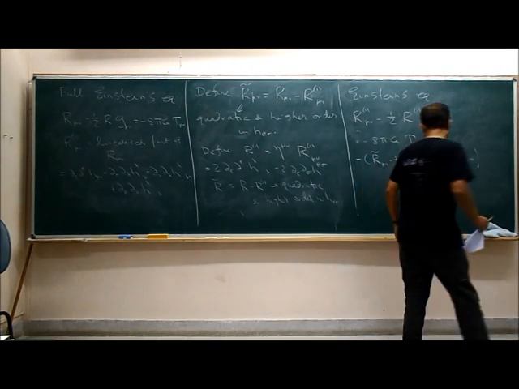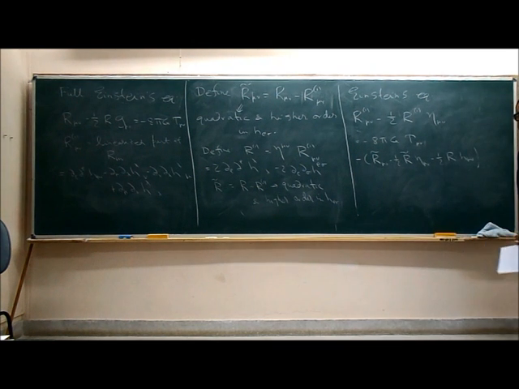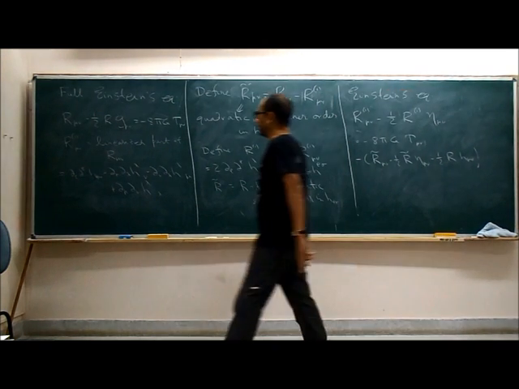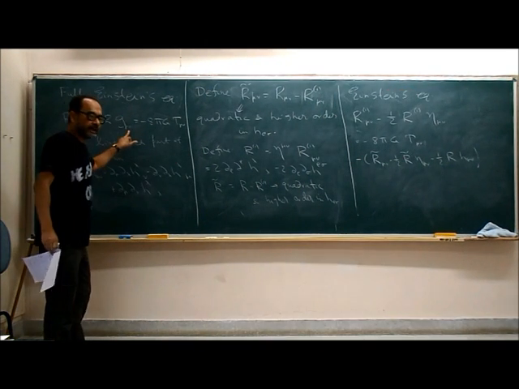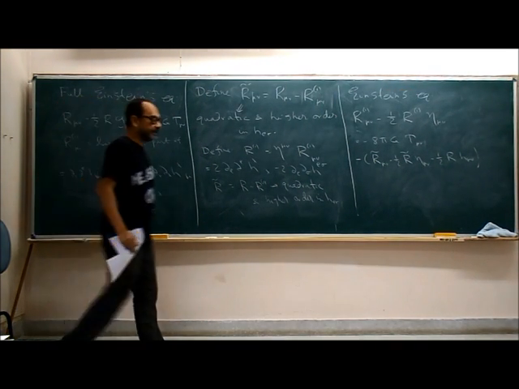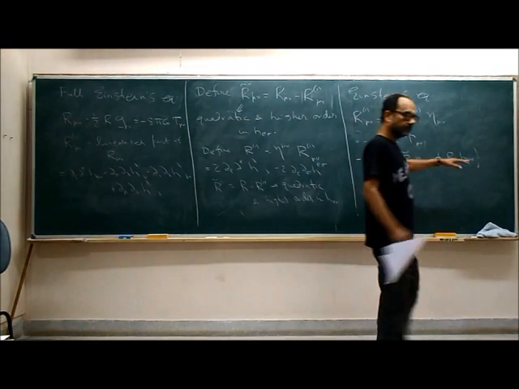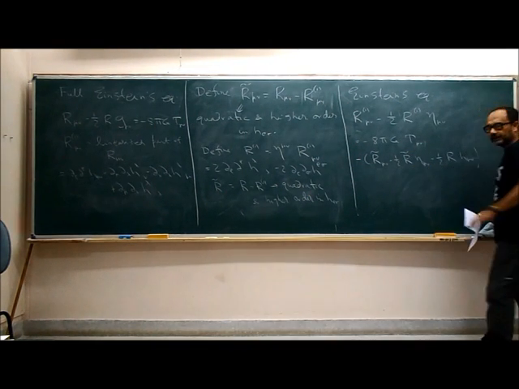Here h mu nu is arbitrary. We have not made any assumption about h mu nu being small at this stage. g mu nu is equal to eta mu nu plus h mu nu. This is exact. This is just a rearrangement of terms.